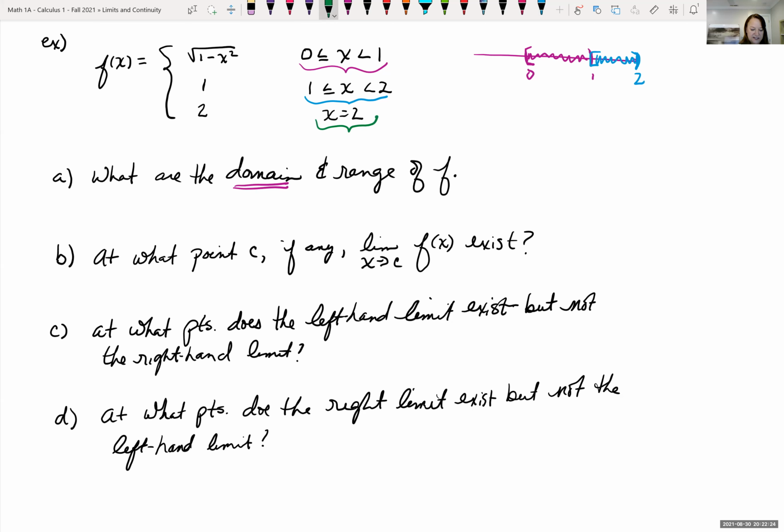And so I'm using this value of x equals 2. So I'm actually closing that off because that's just for x equals 2. And so my domain, all the x values I'm using are from 0 to 2, including those bounds. So my domain is a set from 0 to 2.